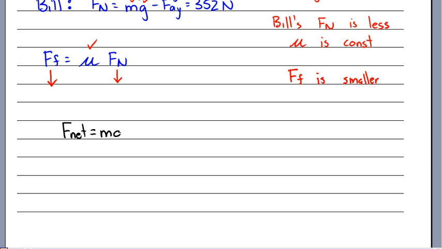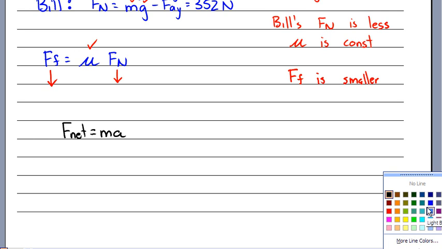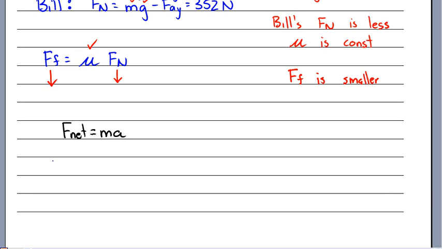The net force in that left-right direction would be a battle between the Fax and that force of friction. So you would have Fax minus the force of friction is equal to m times a. If I solve for a, which is probably a good plan, that would be Fax minus the force of friction all on top of the m.